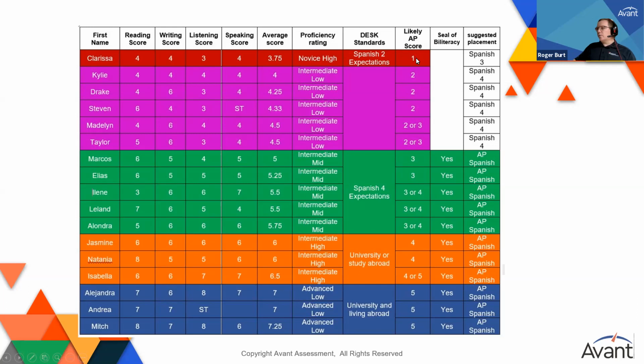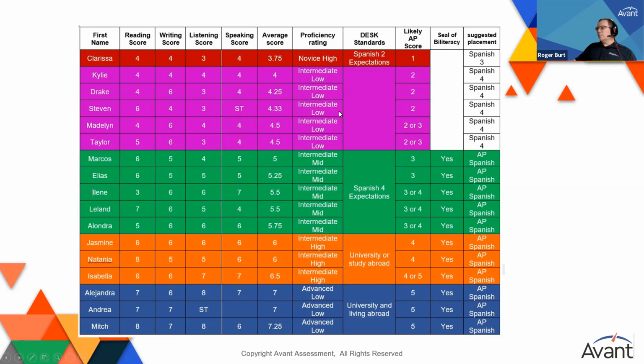We even put the likely AP scores and whether or not they had earned the seal of biliteracy in Spanish with those scores. And so with Clarissa having met the Spanish 2 expectations, the suggested placement for her was Spanish 3. And then we come down here to students who are in intermediate low and their likely AP scores and suggested placement, which was Spanish 4.